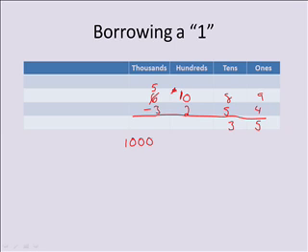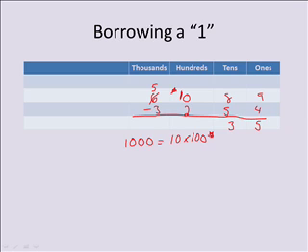I took away 1,000, which is equal to 10 times 100, which is exactly what I now currently have in my hundreds column. When we learned it in grade school, they don't go into this much detail, but that's where it really comes from. But as long as I remember that I borrowed 1,000 from my 6,000 by crossing this out and putting a 5 and tossing the 1 here, I'm good to go.